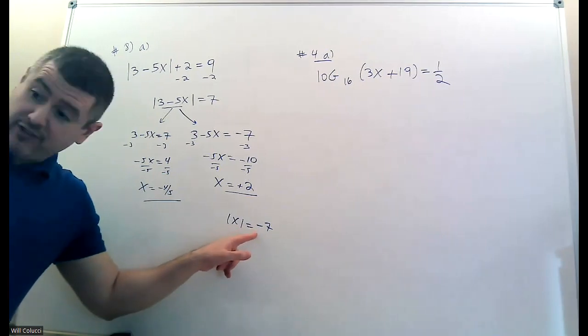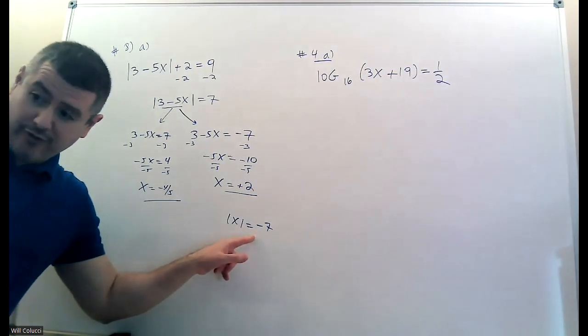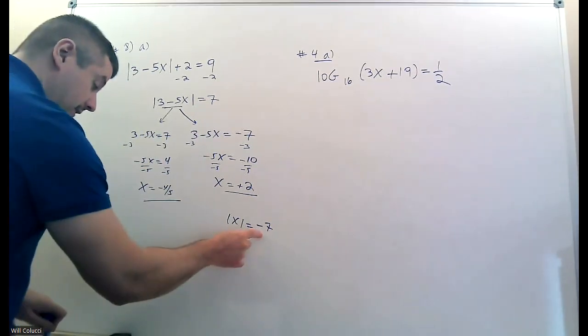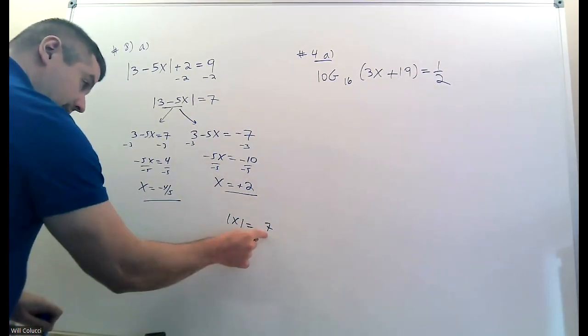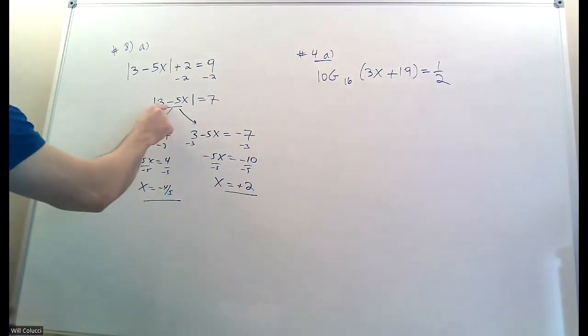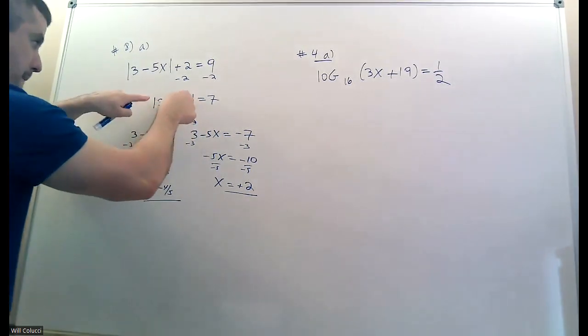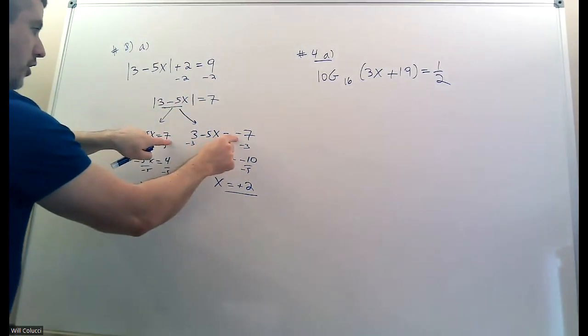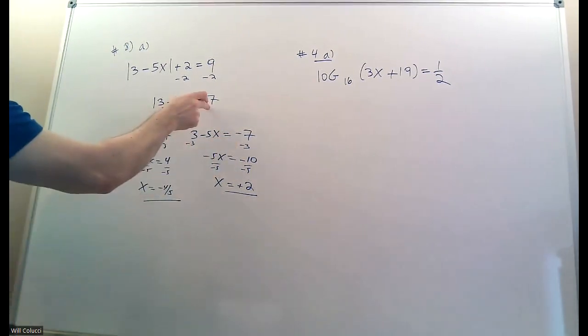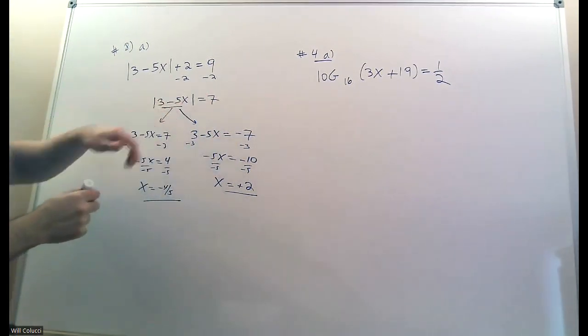There's no number that is -7 inches from zero, or -7 feet, whatever. This is nonsense. So if there's bars, this is plus. When you drop the bars, the number that could have been inside could be negative. All right, the outside number cannot be negative when the bars are there.